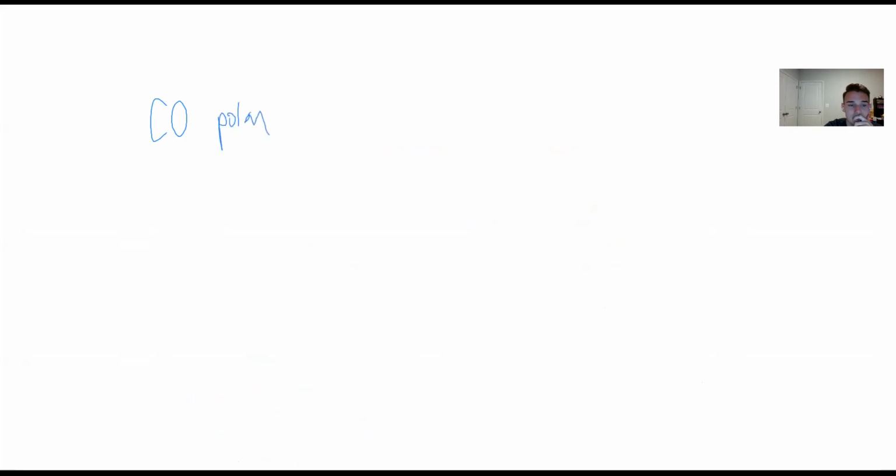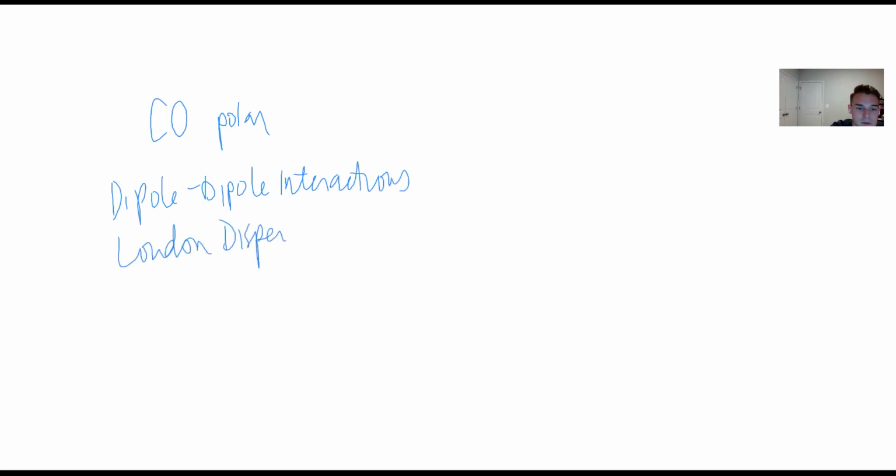That's a polar bond, right? So, since it's a polar bond, it's going to have dipole-dipole interactions and London dispersion forces. So you can see that it builds up, okay?